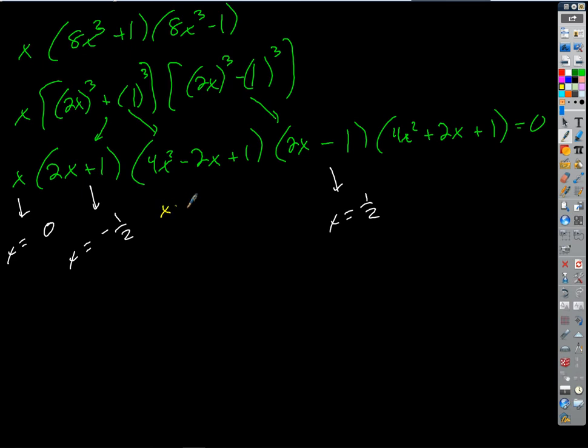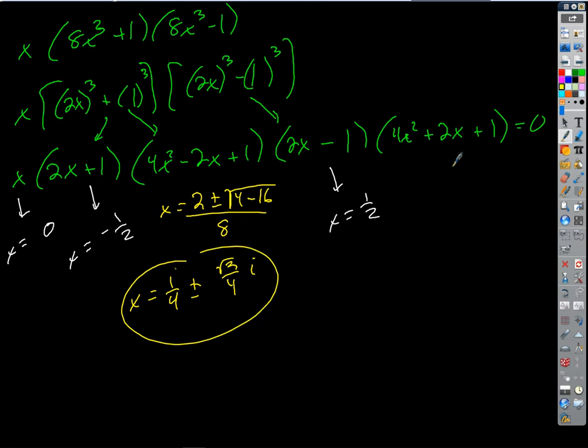I'm just going to get x equals negative b plus or minus the square root of b squared minus 4 times 4 times 1 all over 8. So if I simplify that, I'm going to get 1/4 plus or minus the square root of negative 12, which is 2 radical 3 i. So 2 over 8 is 1/4. So that's a complex conjugate pair, right?